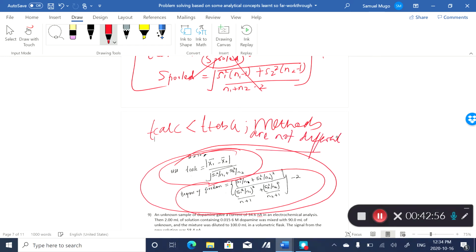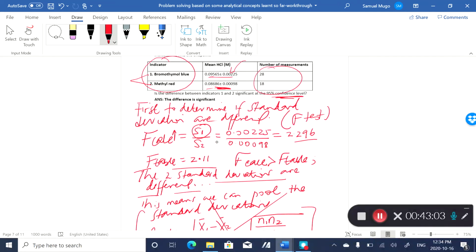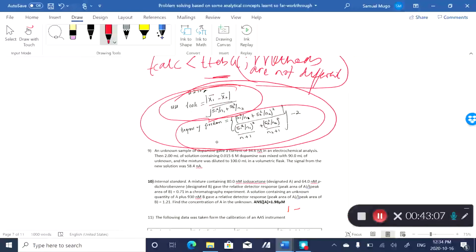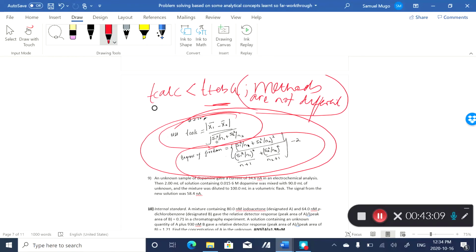And of course, we know how to use the tables. I'll give you the tables and you can do that. So in this problem, you're going to see there's a difference between the methods. When you do the t calculated, you're going to see that the t calculated is greater than the t in the table, and for that reason, they are different.